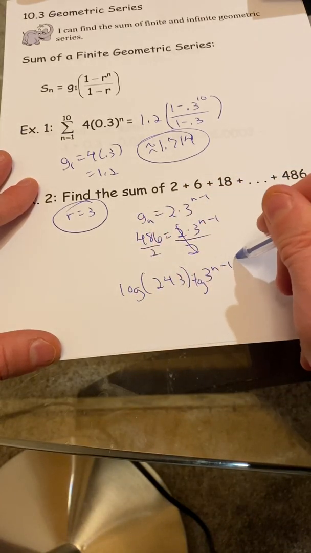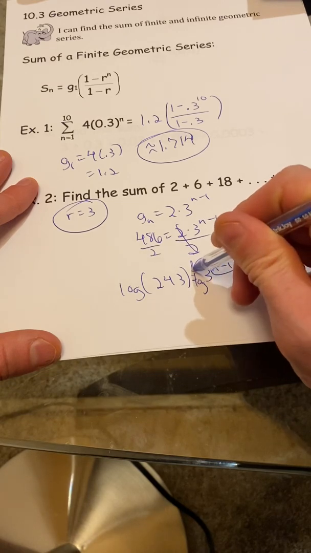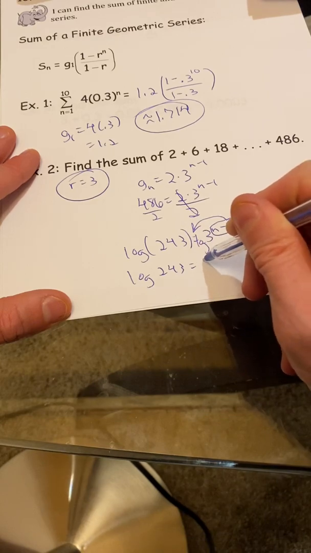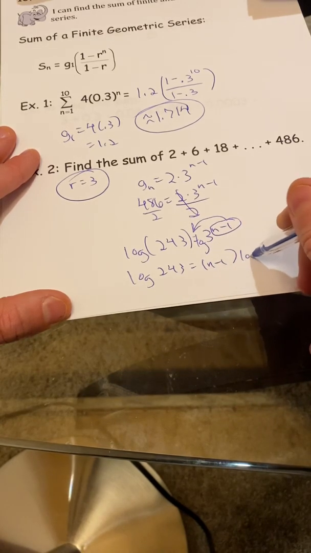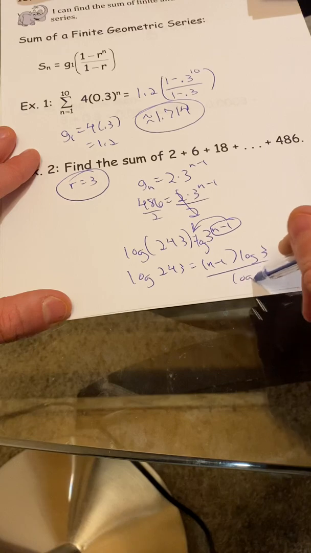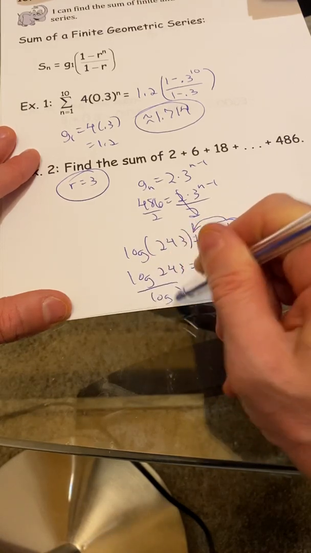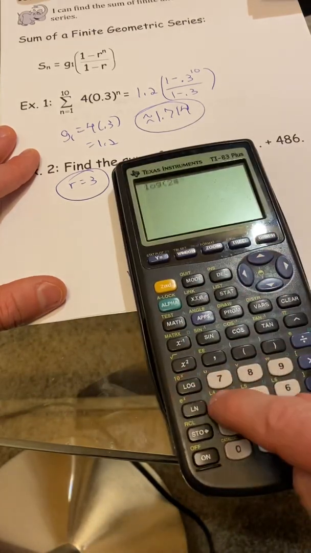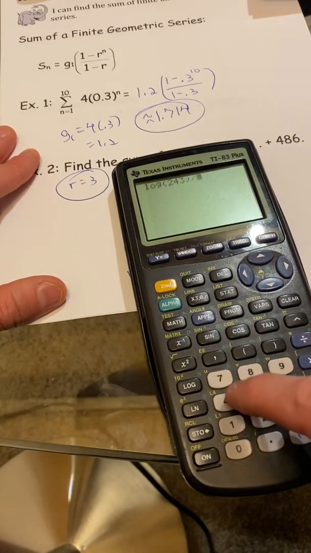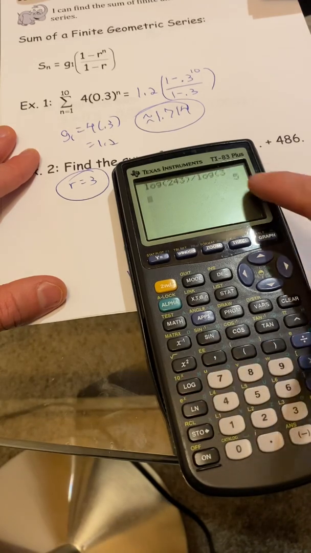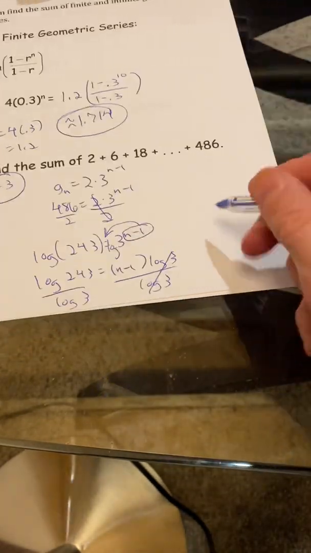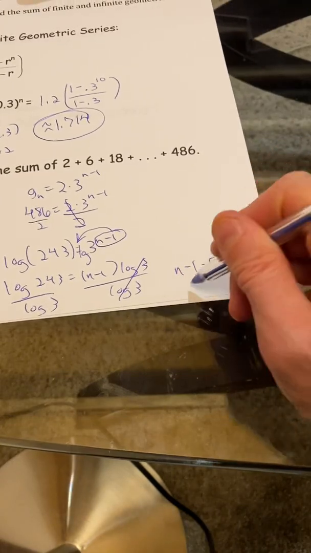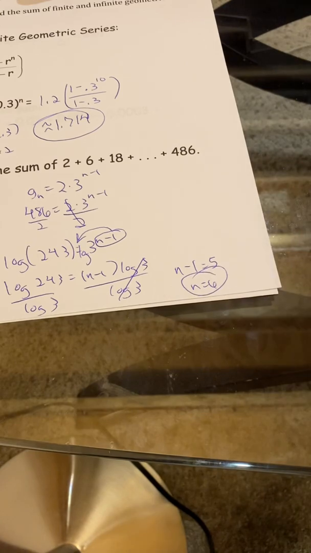The reason we do that is it allows us to move the exponent out to the front and then divide by log 3. So when you do that, log 243 divided by log 3 is 5. So n minus 1 equals 5, so n is 6.